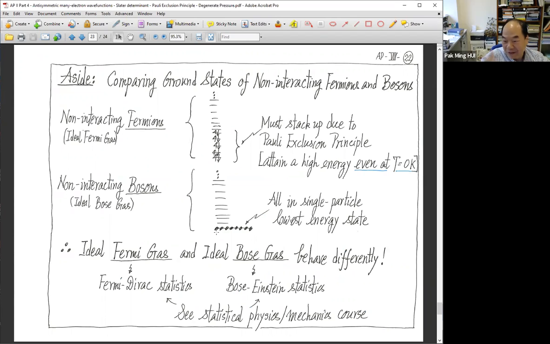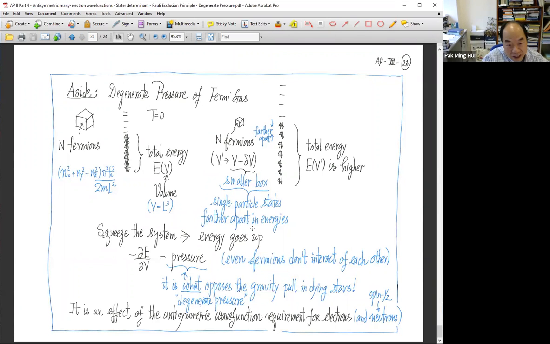The bosons will always stay in the ground state. Okay, so you see the difference there. And I think we relied on this effect to become what we are, right? We have gold. We have the heavier elements that are understood to be the result of some supernova event.